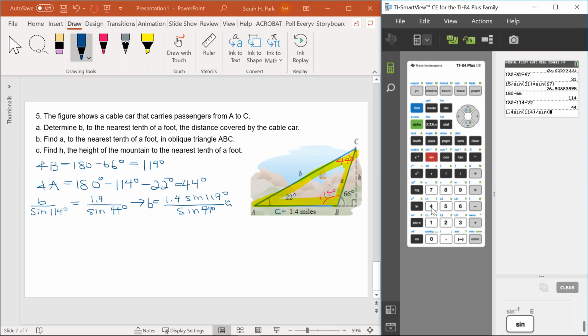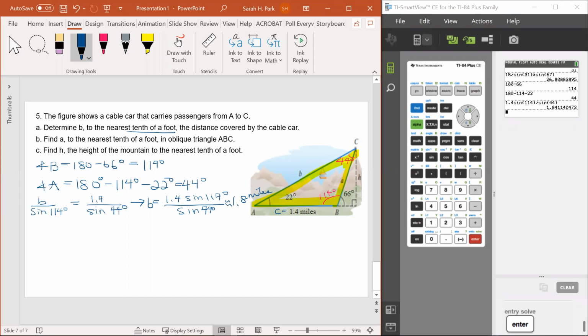I'm just being really careful because I made the mistake earlier. And we have 1.84 miles. And it's a little annoying that it's asking us for the foot. If I didn't read this carefully, I would not have realized that.